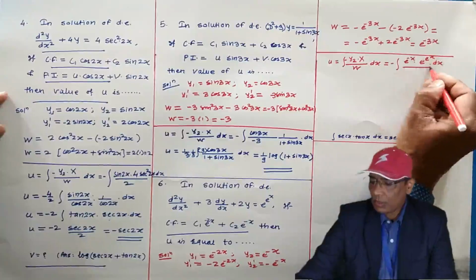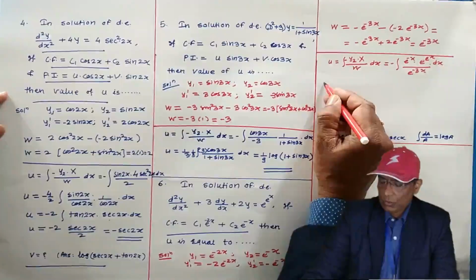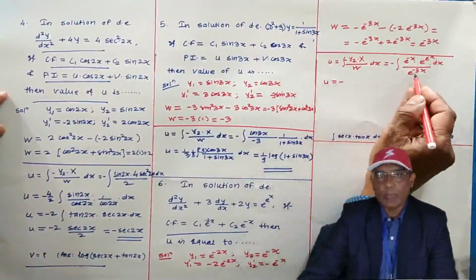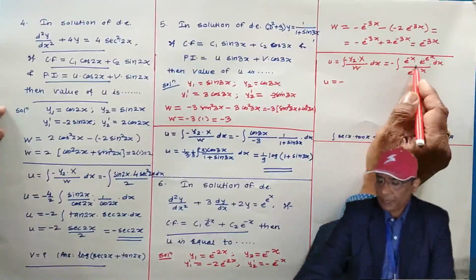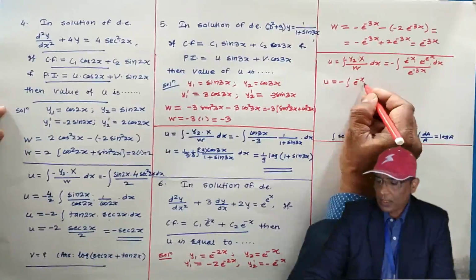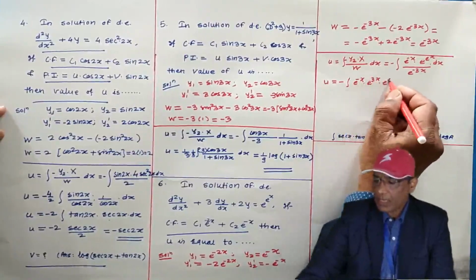W is e to the power minus 3x. Now u equals, minus is as it is, e to the power minus 3x will come in the numerator, so it will become e to the power minus x, e to the power 3x, and e power x as it is.